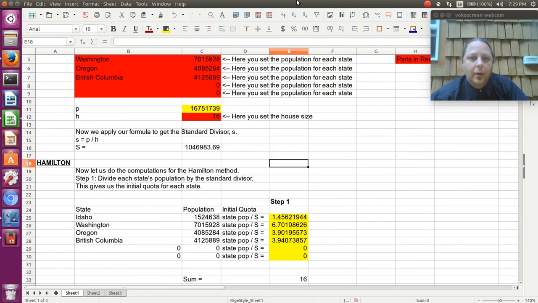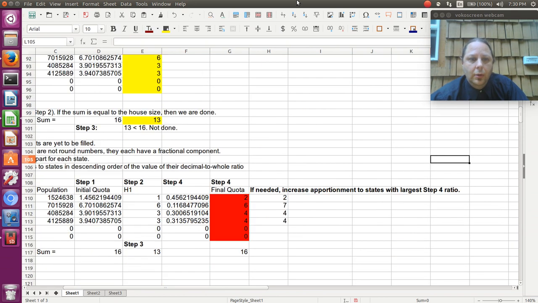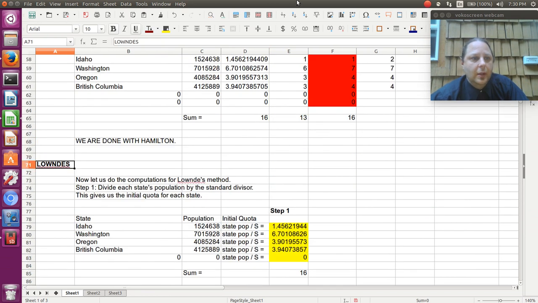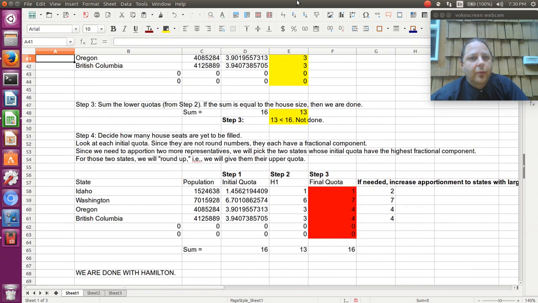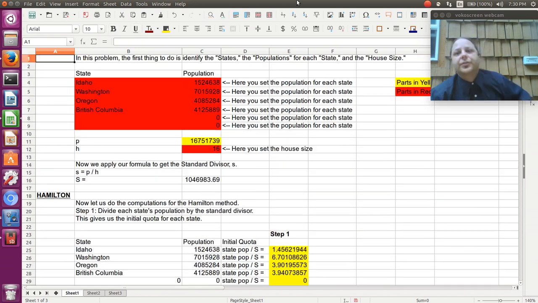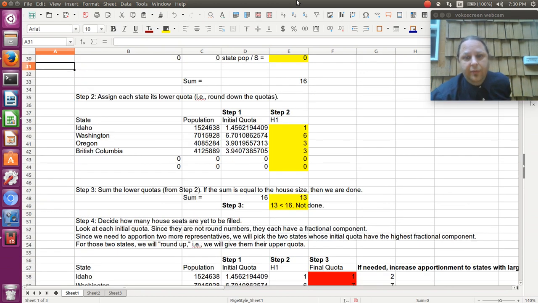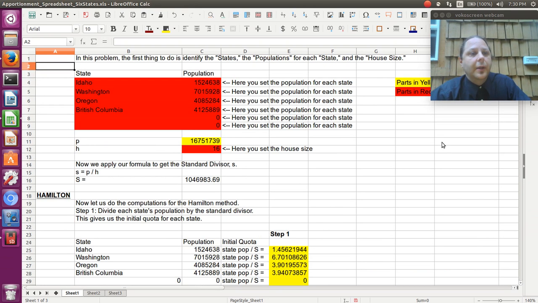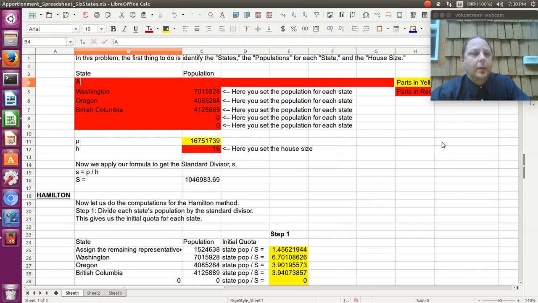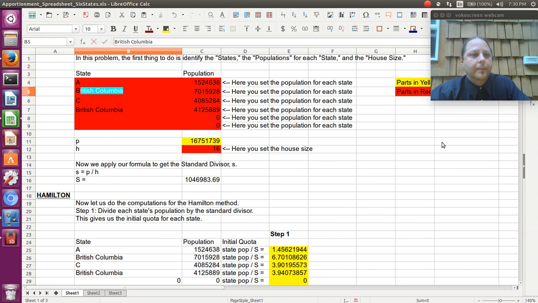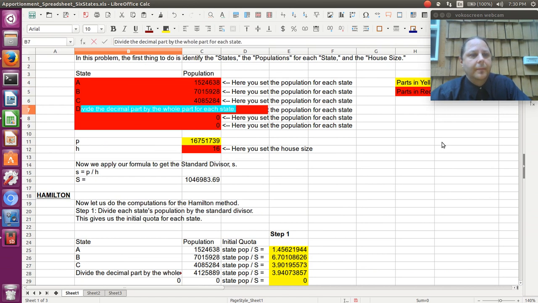That's not always going to happen, but it's happening now. 1744 with Hill-Huntington, 1744 with Webster, 1744 with Jefferson, and with Lowndes it is 2644, the one that favors small states, and then 1744 is what we get with Hamilton. So actually, all but Lowndes in this case give 1744.